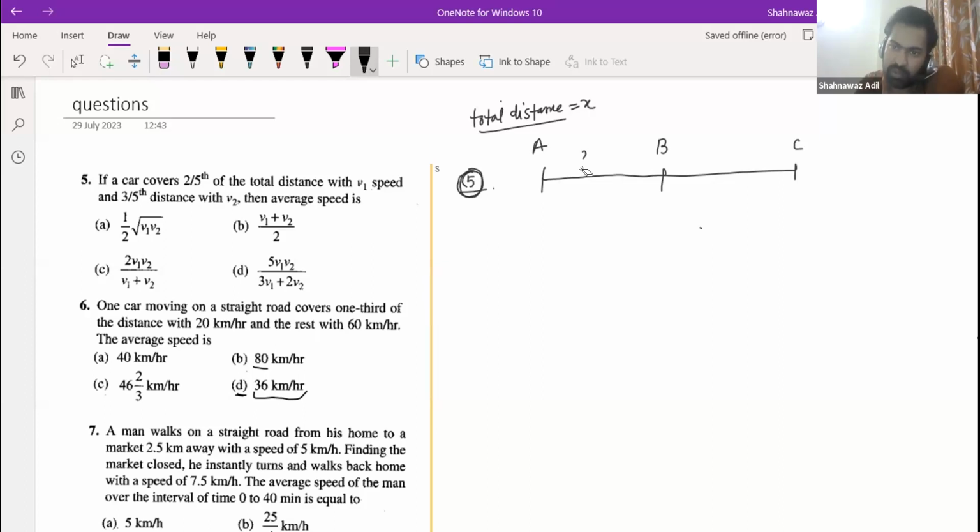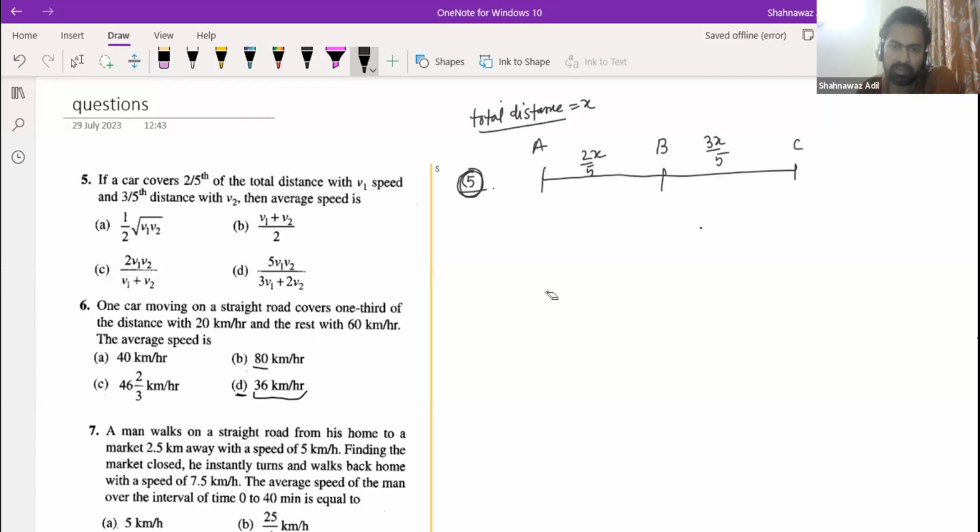So this is 2 by 5 of x, 2x by 5. And then how much in the next part? So that is 3x by 5. Right? Is it clear, guys?